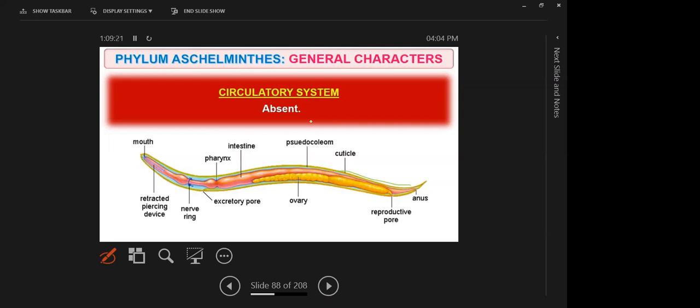Sorry. Online students, what are cutins? They are lipids, derived lipids.